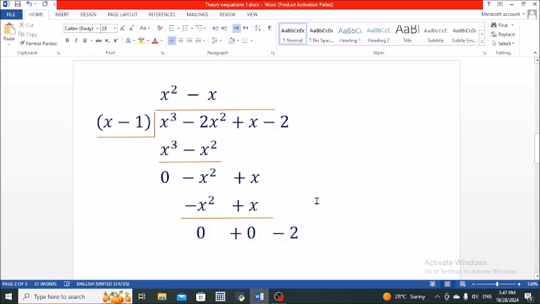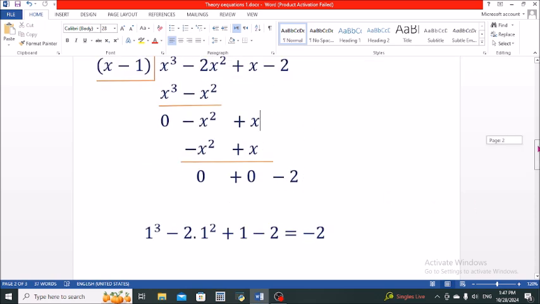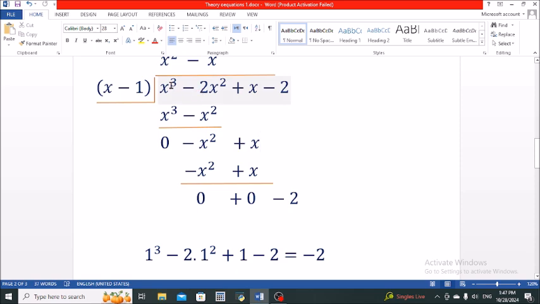That's the remainder, minus 2. Now, according to our theorem, it should be equal to x cubed minus 2x squared plus x minus 2 when x equals 1, not minus 1. Take care. Let's try it here. That's 1 cubed minus 2 times 1 squared plus 1 minus 2, that's 1 minus 2 plus 1 minus 2.